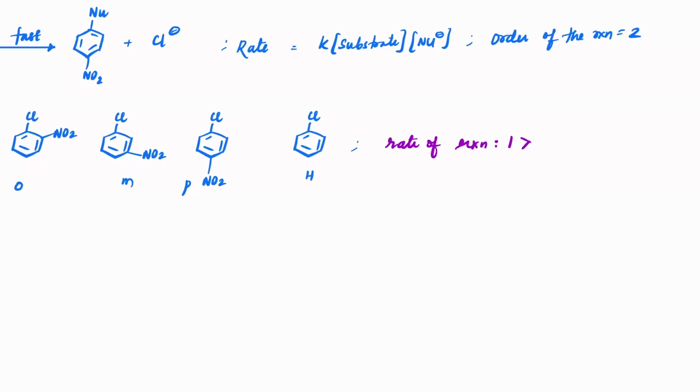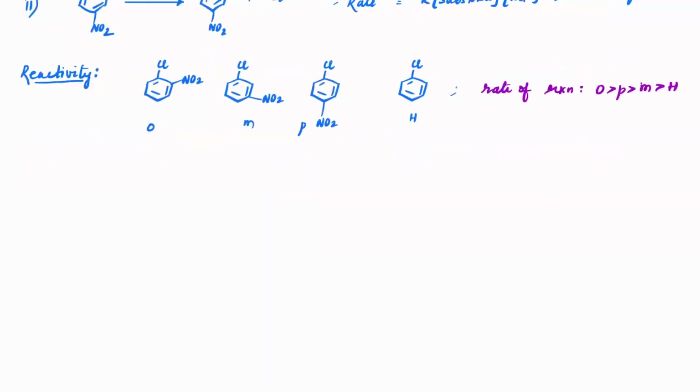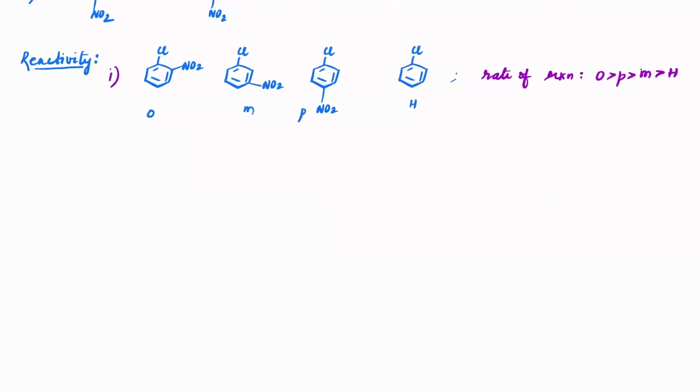Correct? So first, that is one thing. Second is para positioning. Okay. Third is meta positioning. Right. So, instead of 1, 2, 3, 4, I'll write ortho, para, meta, and hydrogen. So this will be the rate of reaction. Got it? We take this as the first case.